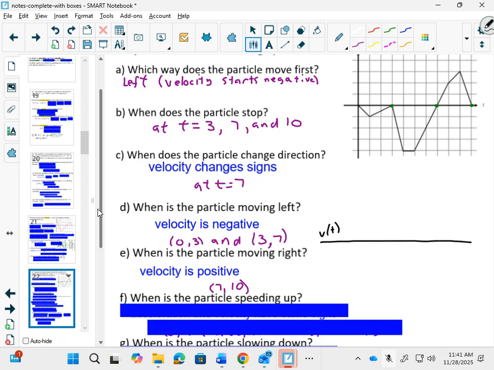I'm going to make that chart again, because I think that's going to be helpful. And we're going to start at 0. And we're going to put in everything where either the slope changes direction or the velocity changes. So I'm going to include 1, because I've got a change there. I'm going to include 3.